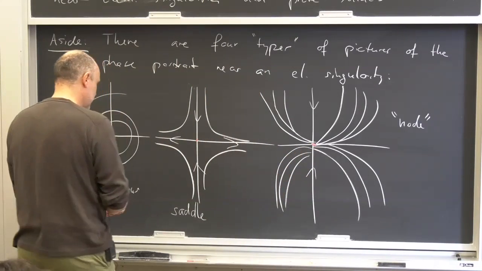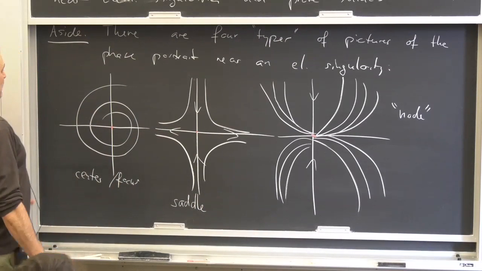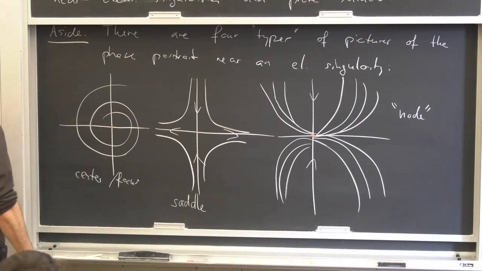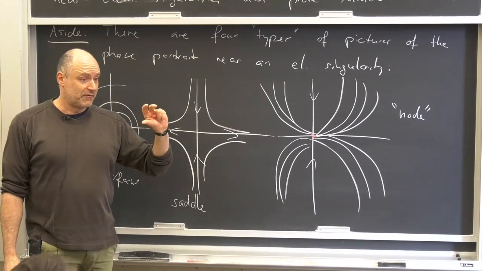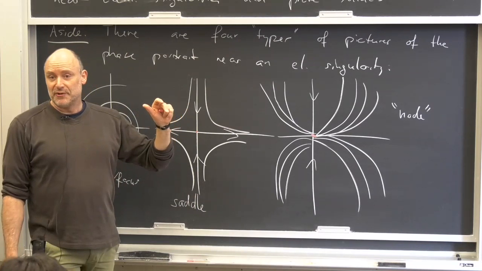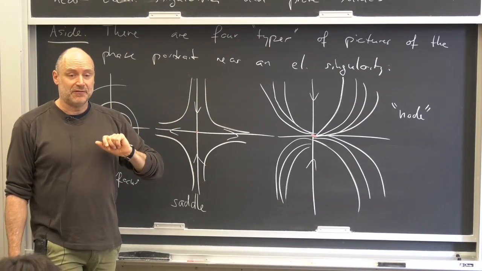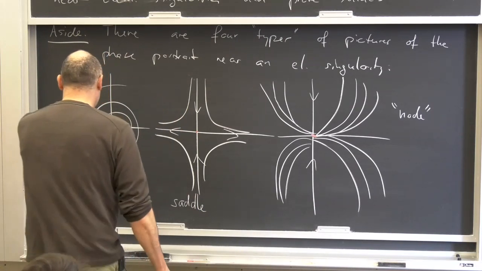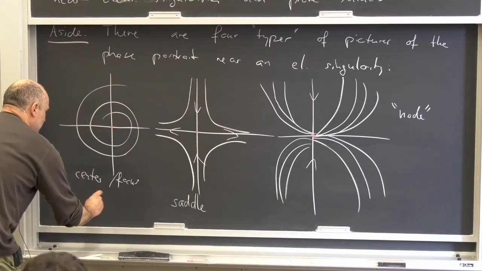For the center focus situation, this is a real 2x2 matrix. So the eigenvalues are the roots of a real polynomial, which means they are either both real or they are complex conjugates. That's the only option. This is the case where they are purely imaginary.